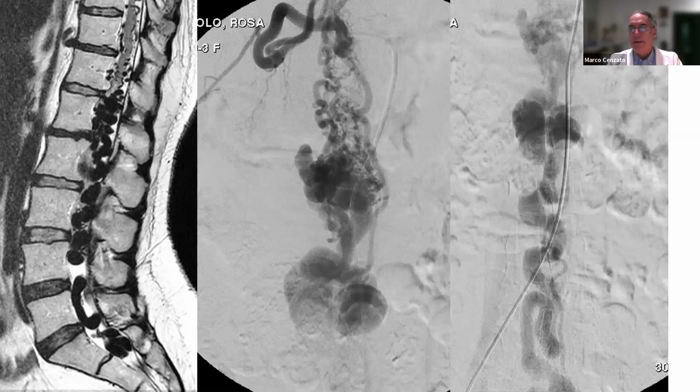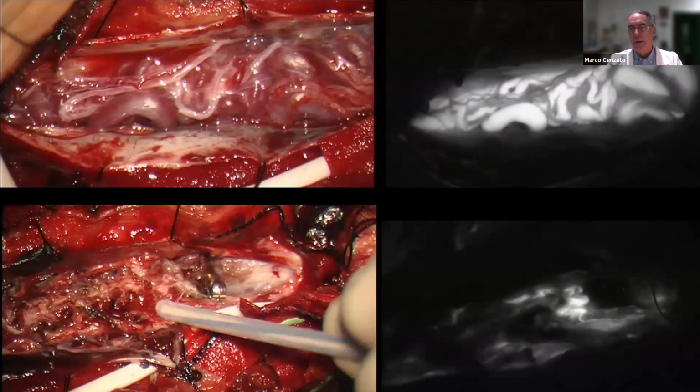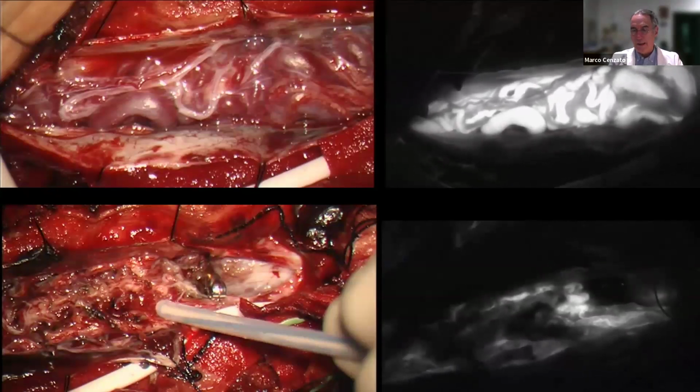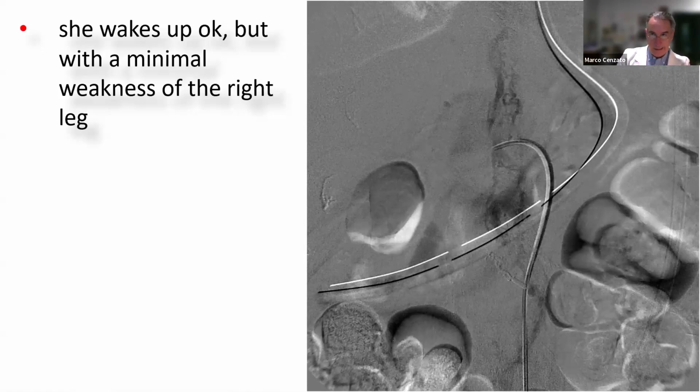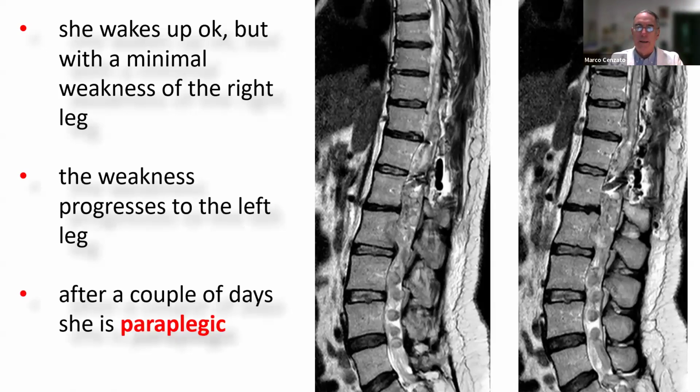This was an ugly AVM of the conus medullaris. And as you see here, you see this huge venous involvement, but the nidus itself was not so big. So at the end, we operated on the AVM. We took out the AVM because it was on the surface. But the problem we had here is that she woke up fine with a minimal weakness on the right leg. But over time, the weakness progressed to the left leg, and in a couple of days, she was completely paraplegic.